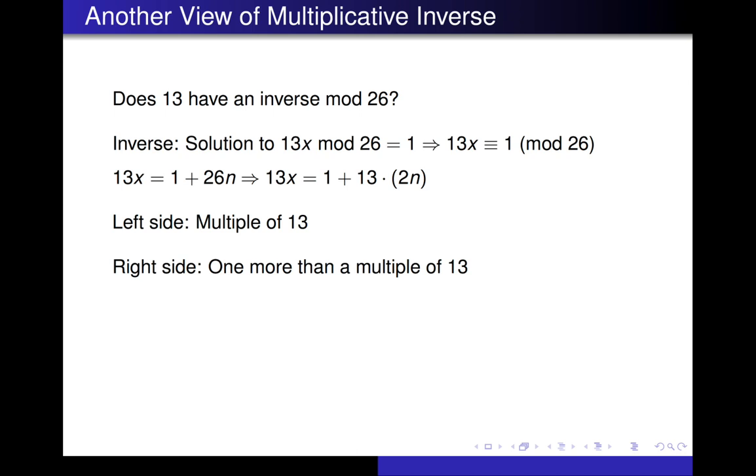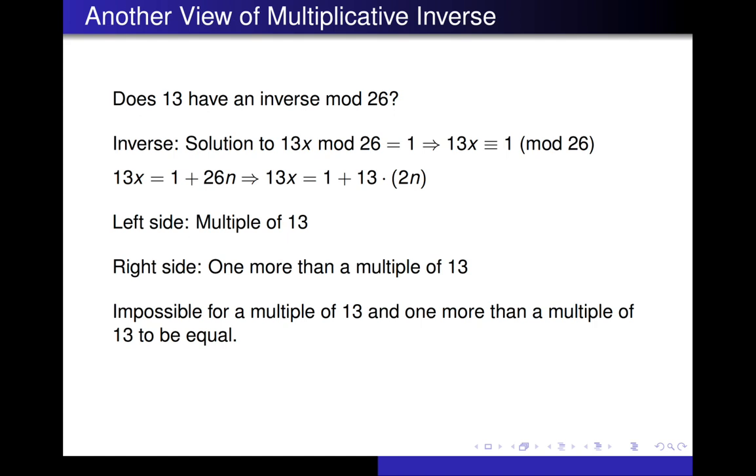So what's a number that is a multiple of 13, but also 1 more than a multiple of 13? There isn't any such number. It's impossible, which says that 13 does not have a multiplicative inverse mod 26 either.